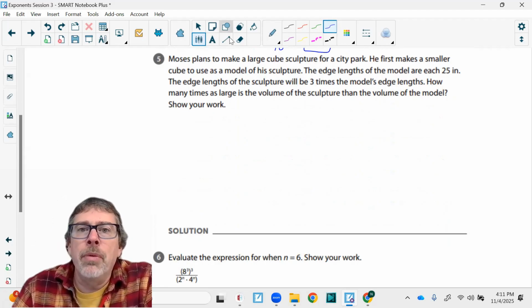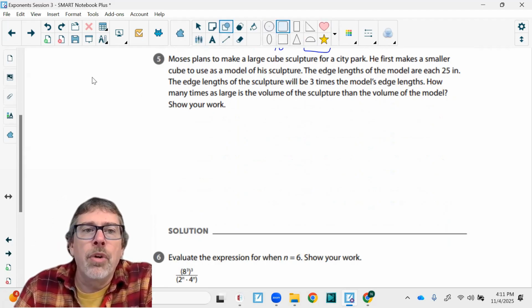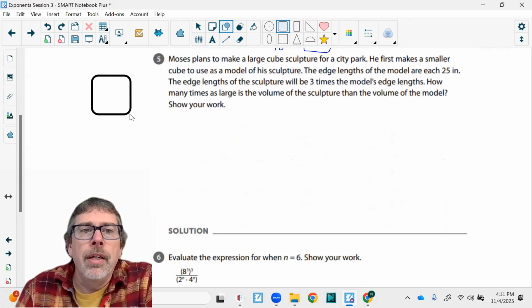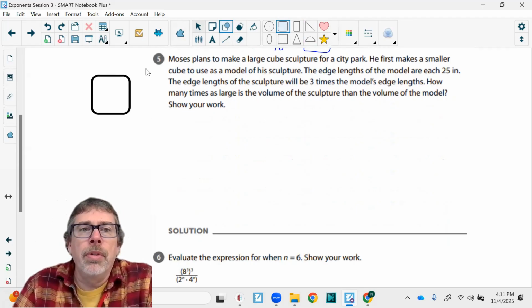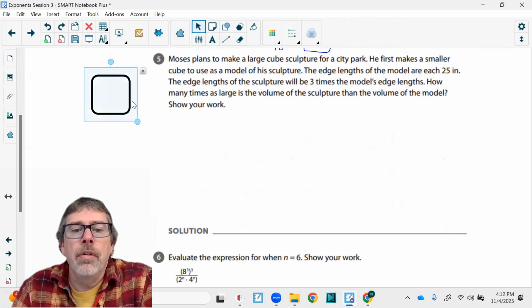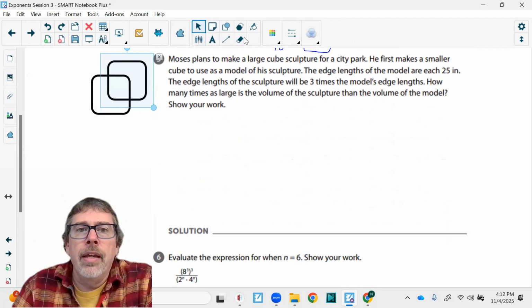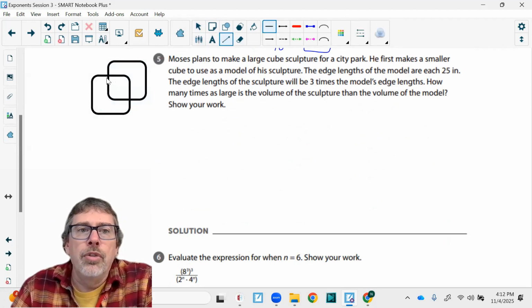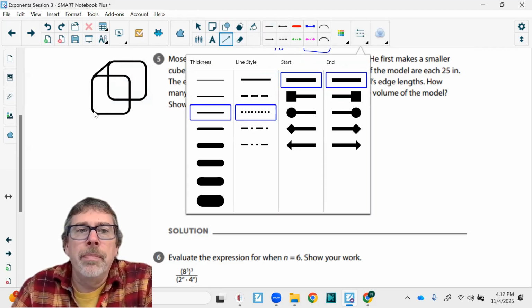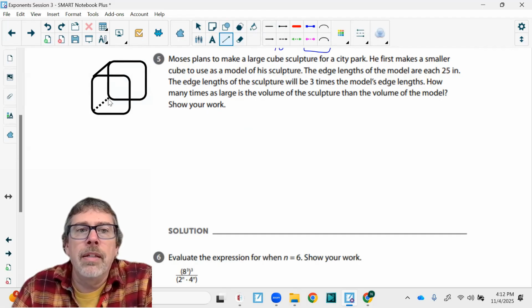So let me explain what they're doing here first. If I drew a square or a cube, here's a cube. Okay, so if I just bring that up like so, and then draw, bear with me here, since it's inside, we can't see it.